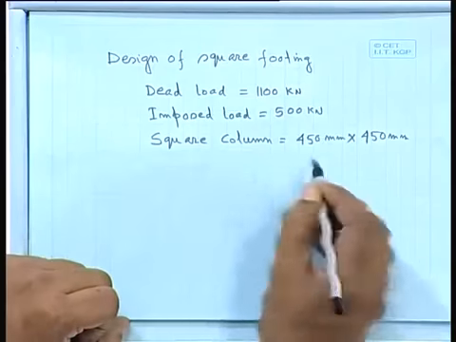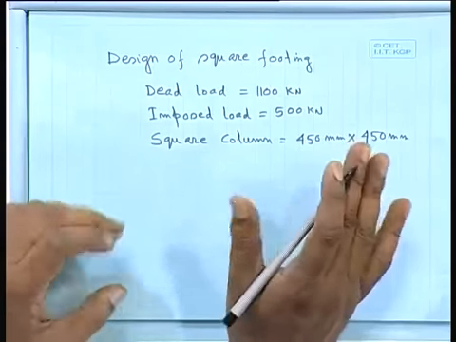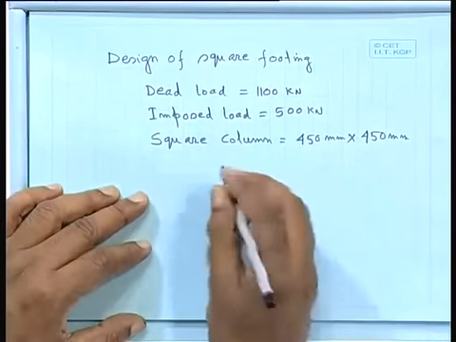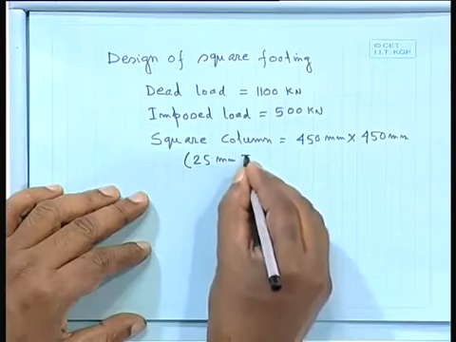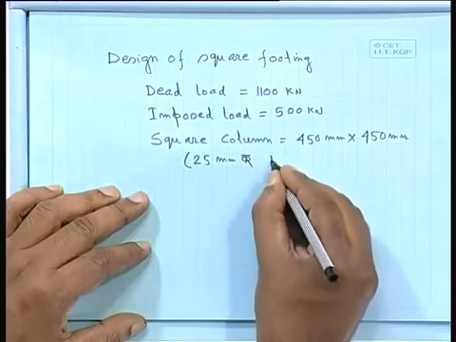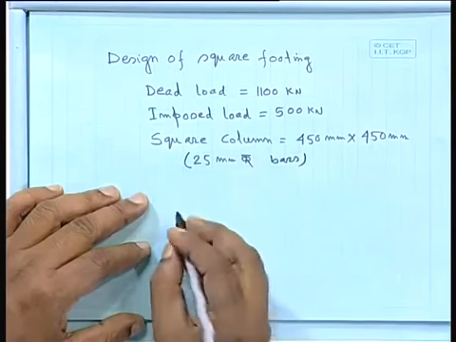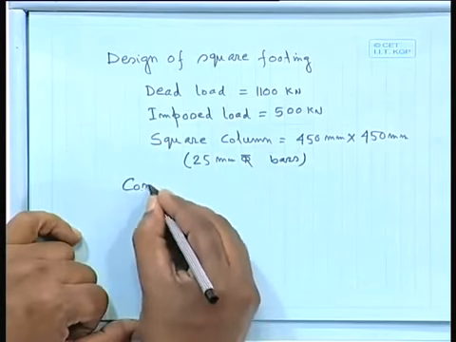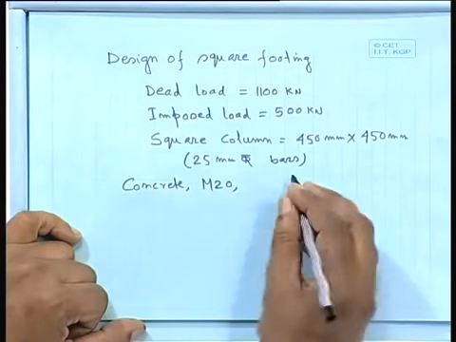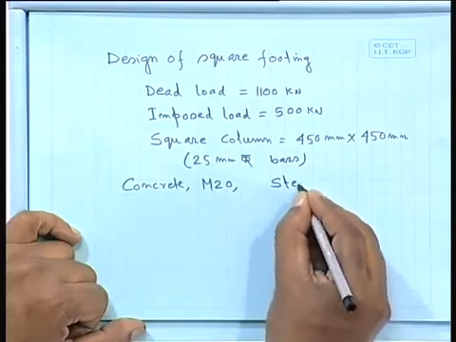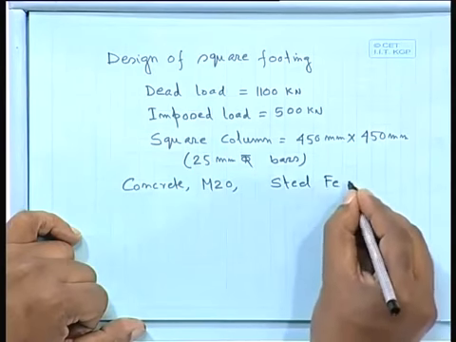Let us take that this is having, say, we are not interested for that. So let us take, say, 25 millimeter bar provided. In the columns, concrete M20 and steel Fe415.